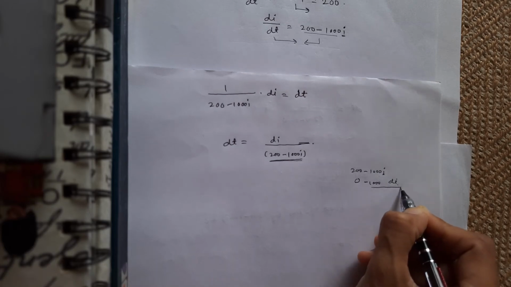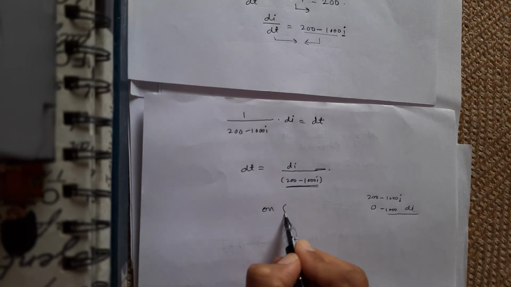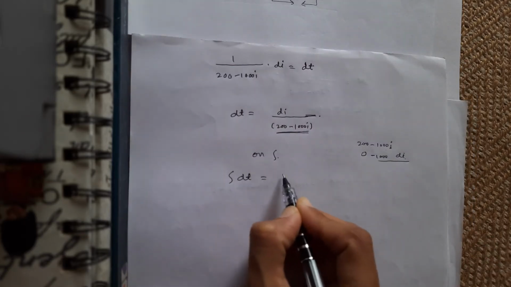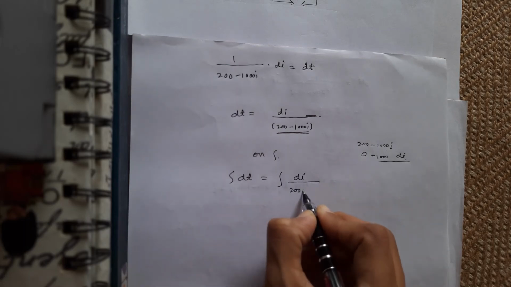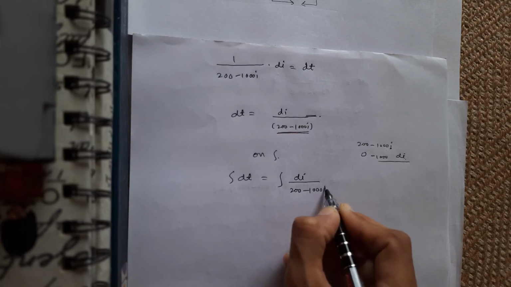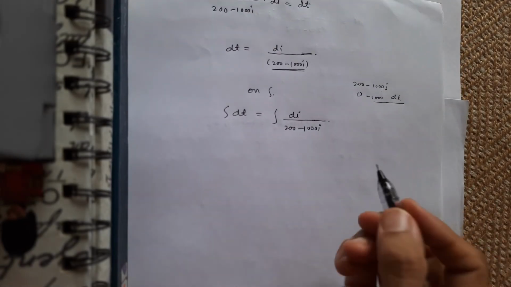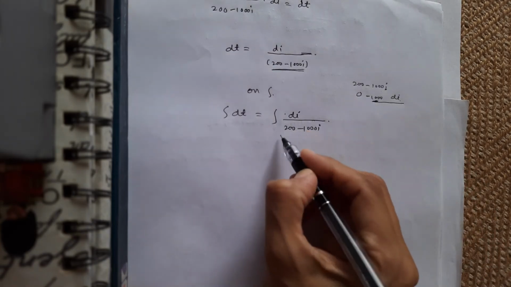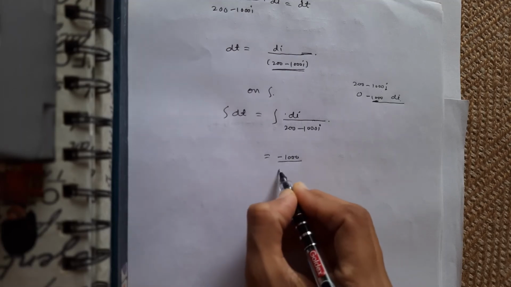So minus 1000 di is the derivative. Now on integrating, what I will get? Integration dt equals integration di upon 200 minus 1000 I. Okay, so now if I adjust minus 1000 here, I am just multiplying and dividing by minus 1000.